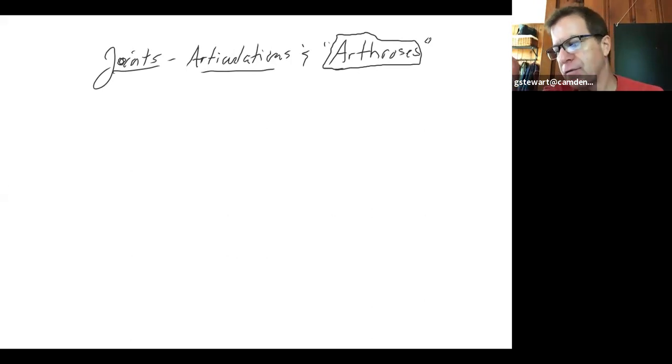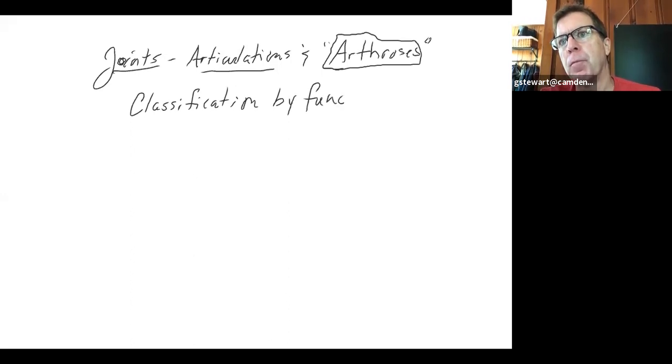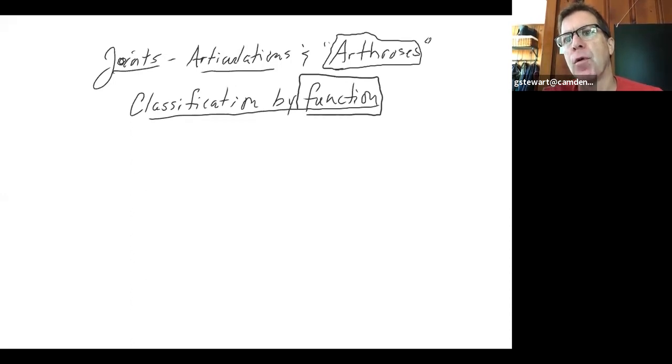Now we're going to classify joints based on function. This is first and foremost, this is the easy one, by the way. Classification of joints based on function. That's the important word. All joints structurally classified after this will fall into one of these three categories.